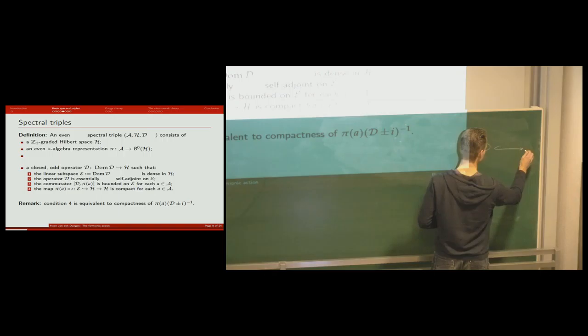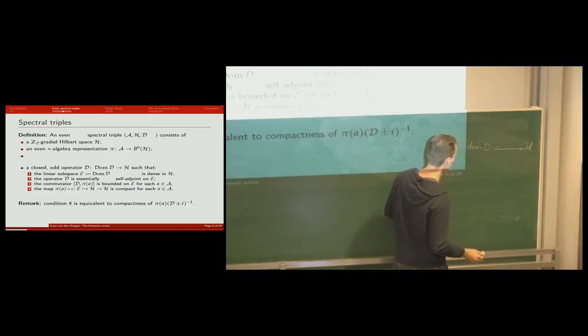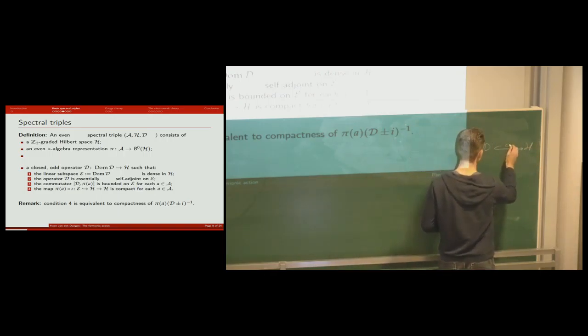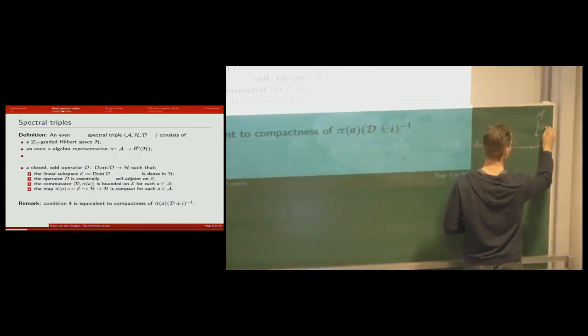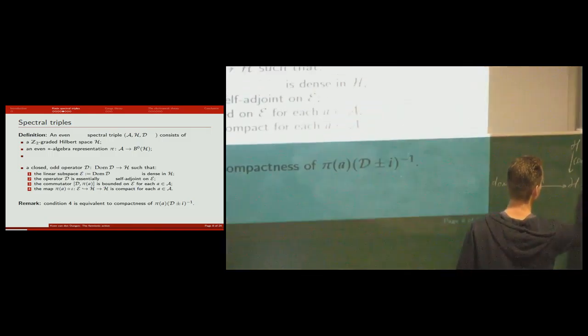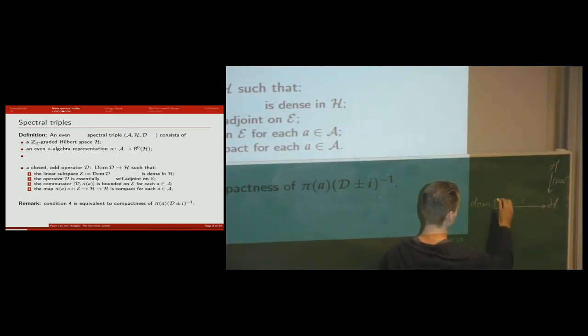You have an inclusion of the domain of D into the Hilbert space, say iota. You have an operator on the Hilbert space, which is the resolvent. And you can also consider another map, which is just D plus or minus i.